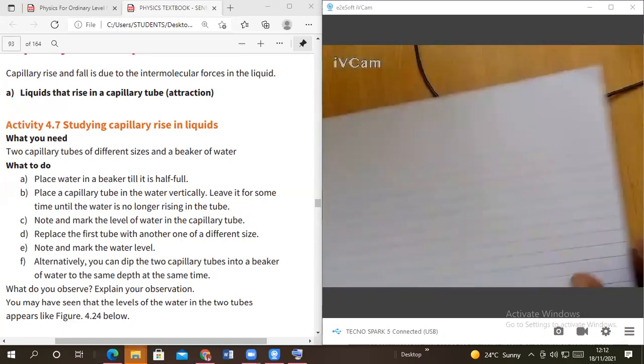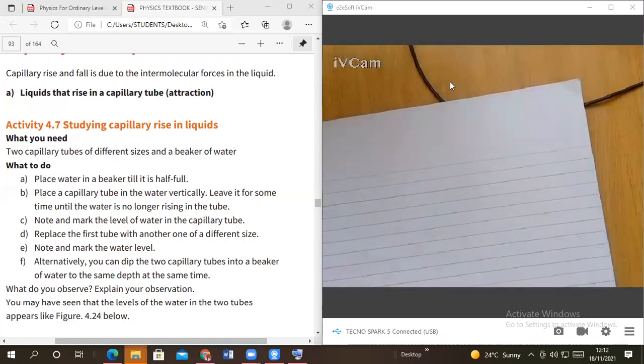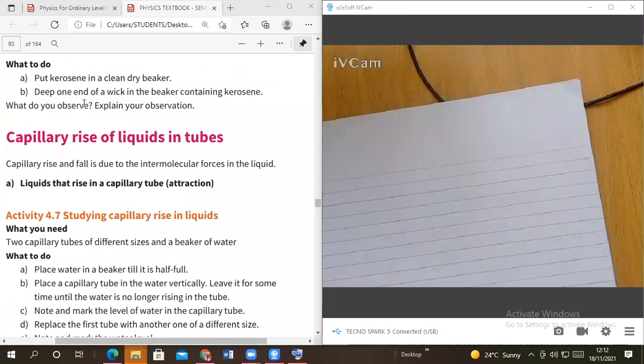Okay, let us proceed and look at liquids that rise in a capillary. Or capillary rise in liquids, capillary rise of liquids in tubes.